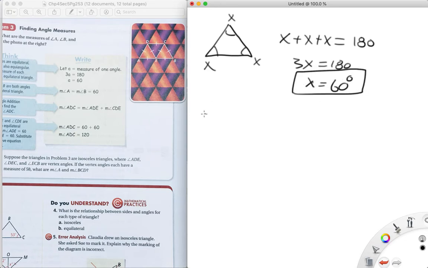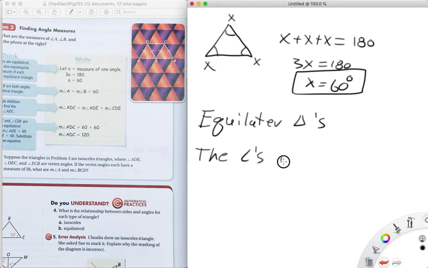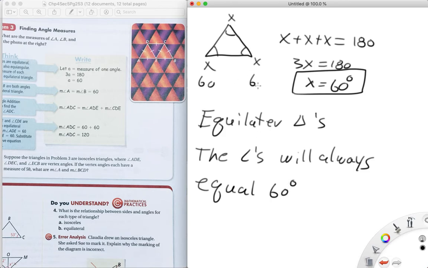In equilateral triangles, the angle will always equal 60 degrees, all three of them, because 60 plus 60 plus 60 equals 180 degrees.